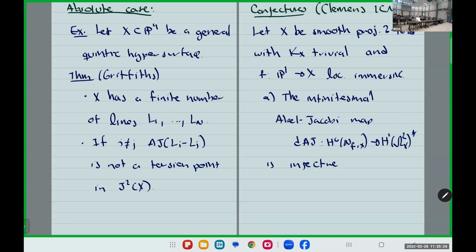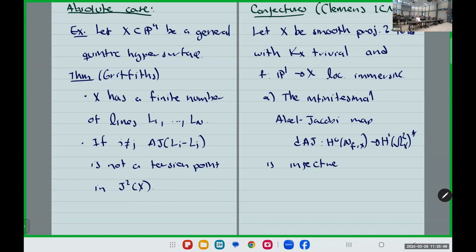So now we have some conjectures of Clemens in this Calabi-Yau case. Let X be a smooth projective threefold with K_X trivial, and we consider f to be a map from P1 to X, let's say locally immersive.